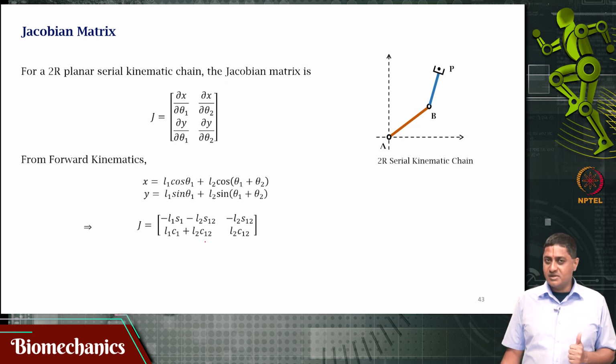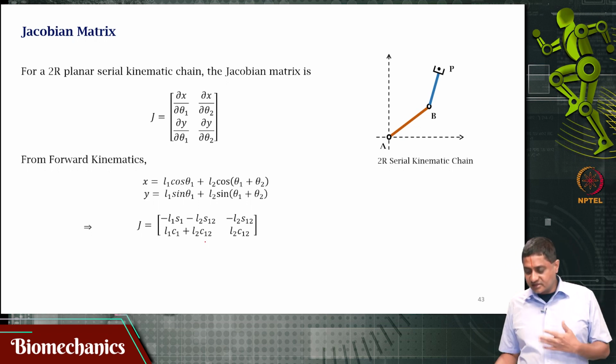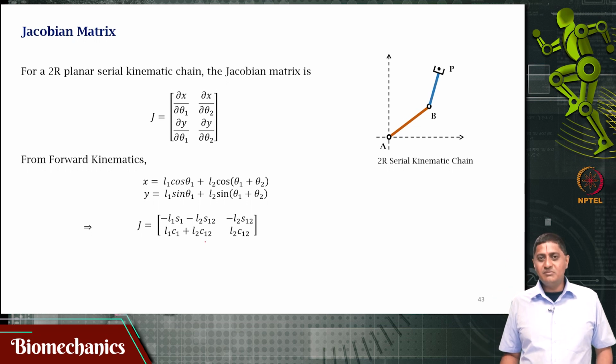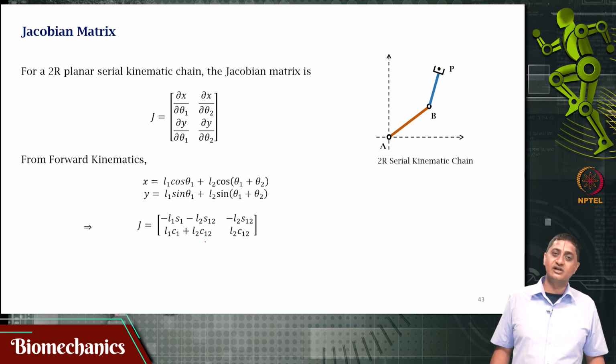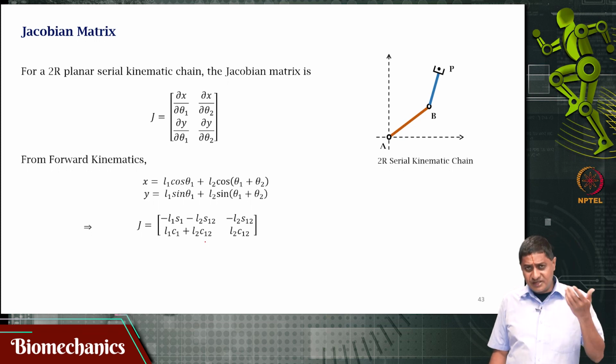But there are not many cases like this. Perhaps all the multi-link planar chains, for example, will not have a square Jacobian, because it is a planar chain. There are only two coordinates involved and there will be multiple thetas: θ1, θ2, θ3, θ4, θ5, θ6 and so on. Even in the 3D case, it is square only for the case with 3 links.